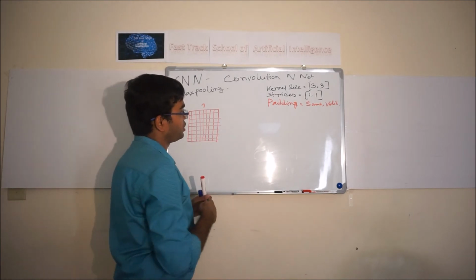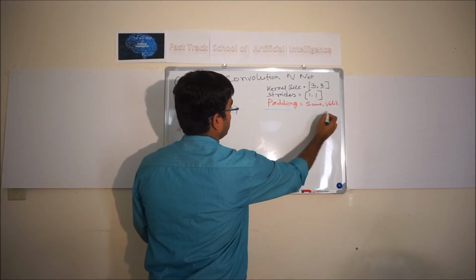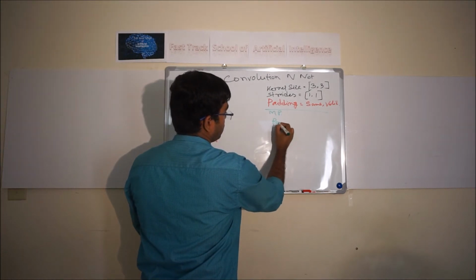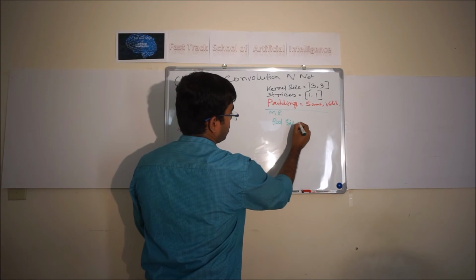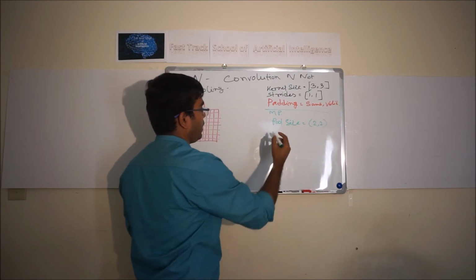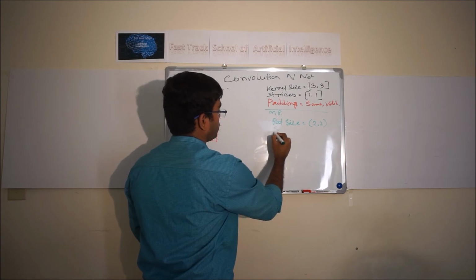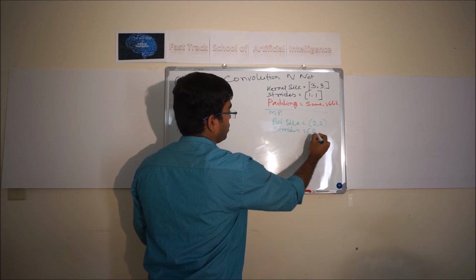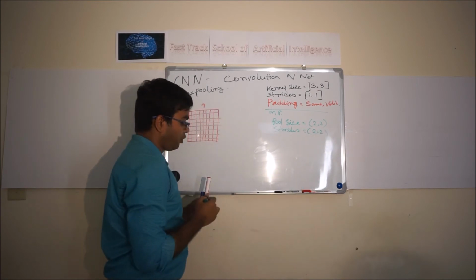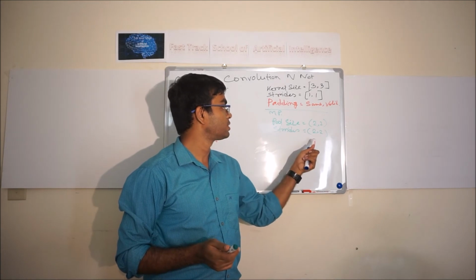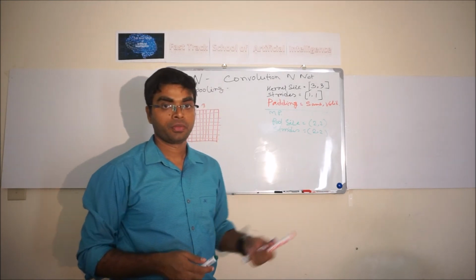The important parameters for MaxPool are pool size, 2 by 2, and strides, 2 by 2. By default, whatever pool size we have, we choose the same strides also.